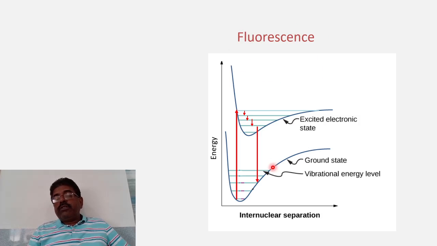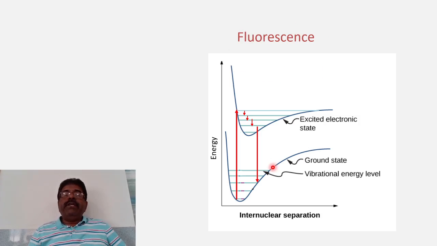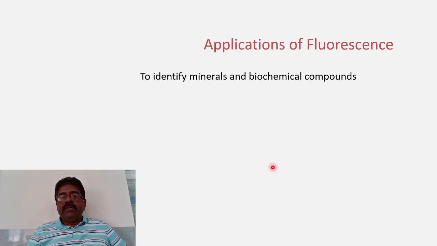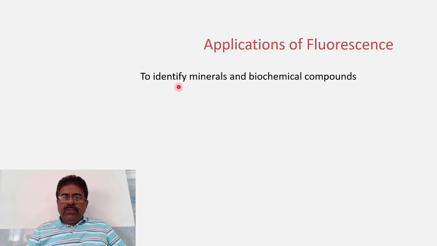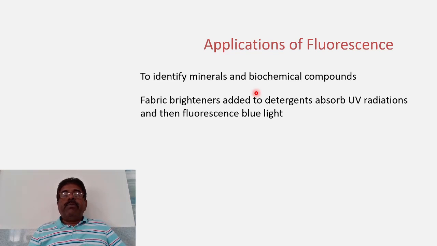So this fluorescence has a number of applications. A few we shall discuss here. This phenomenon of fluorescence can be used to identify minerals and some biochemical compounds. Then a very simple application is that these kinds of materials are used in fabric brighteners.